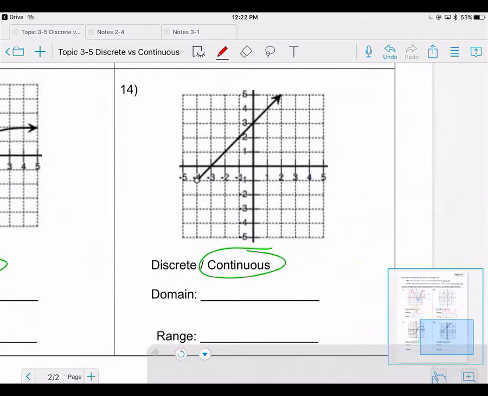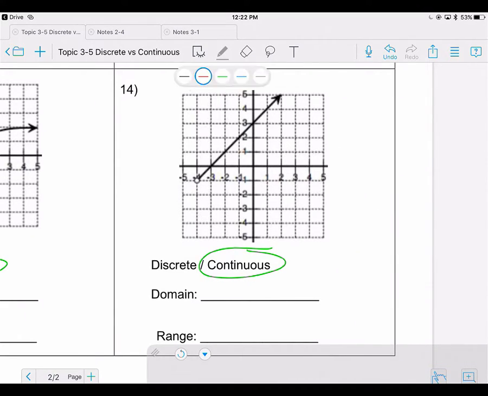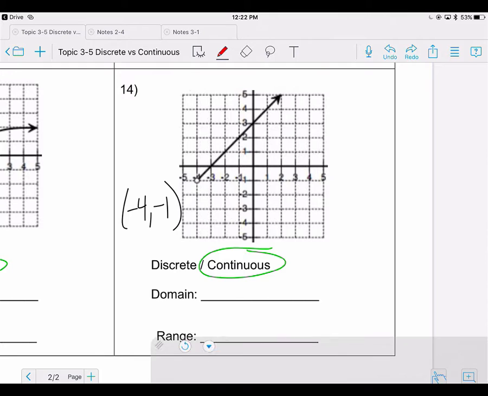And then on 14, my domain, so this is the point -4, -1 right here. And it's an open bubble, so I need to keep that in mind. When I frame my line, remember we make a little picture frame and put our arrow in between. My y's are going up, so my y's are increasing.